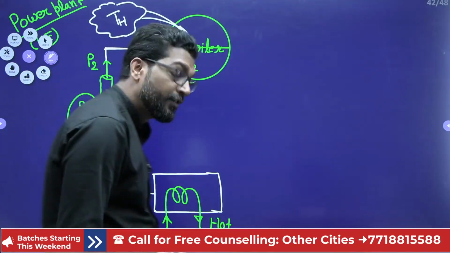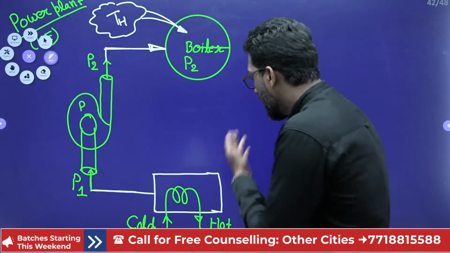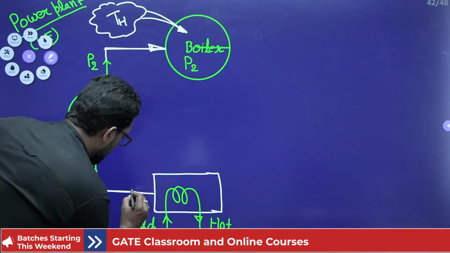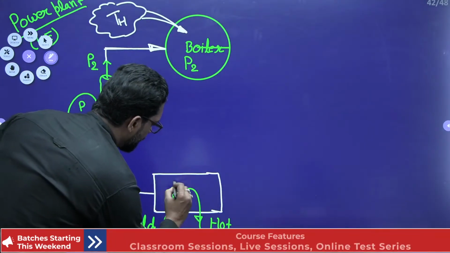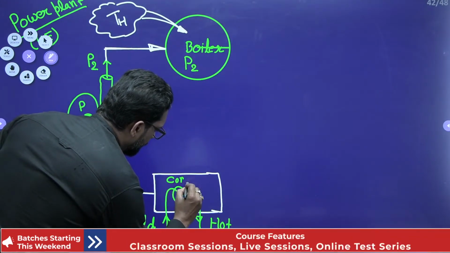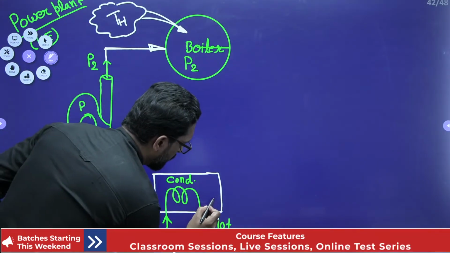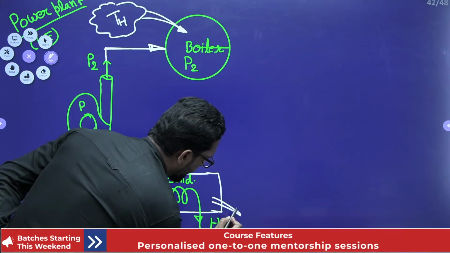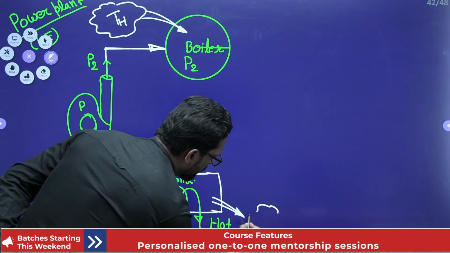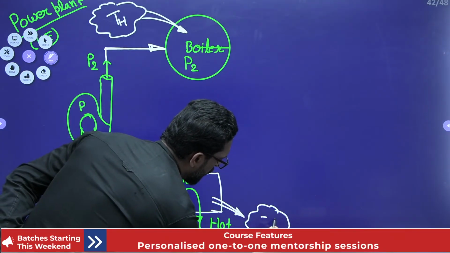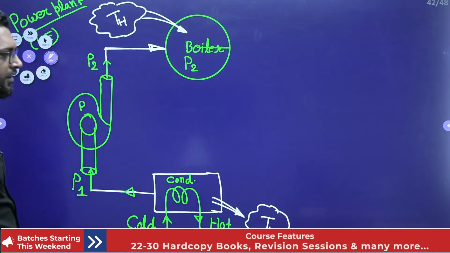And then a phase change may take place. So in this there is an exit, and this is your condenser, through which heat will be rejected. And this rejection is at low temperature.